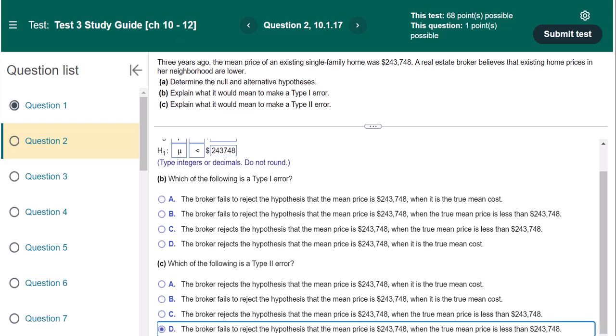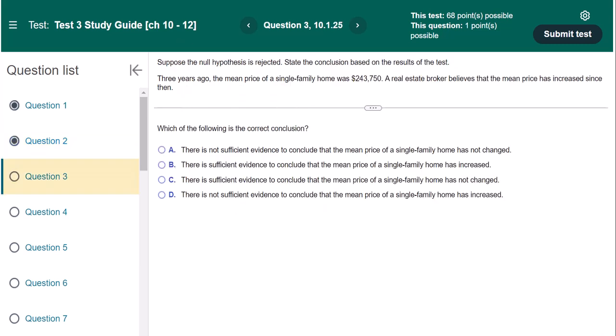Okay. Next question. Suppose the null hypothesis is rejected. 3 years ago, the mean price of a single family home was $243,750. A real estate broker believes that the mean price has increased since then.